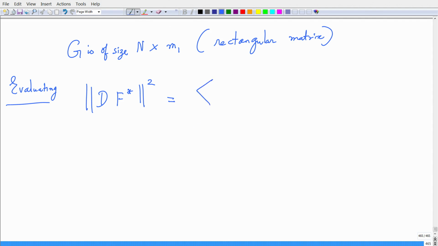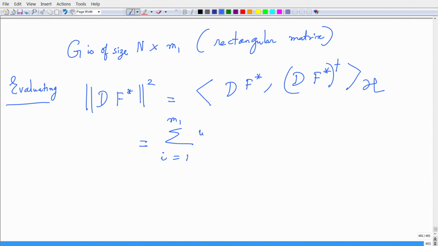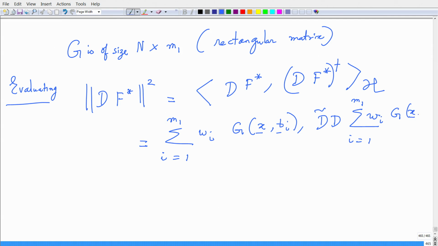This is nothing but the inner product of D f star with D f star, the adjoint, right, in the space H where this inner product is defined, and I can simplify this to be summation i equals 1 to m1 w suffix i, this Green's function G with arguments x and t_i, times this D tilde adjoint operator times D times summation i equals 1 to m1 w suffix i G of x with t_i.